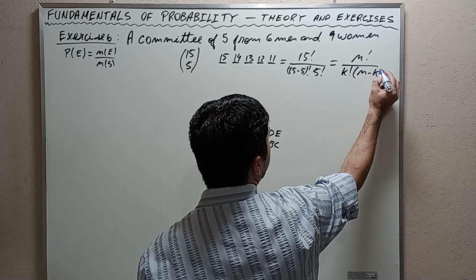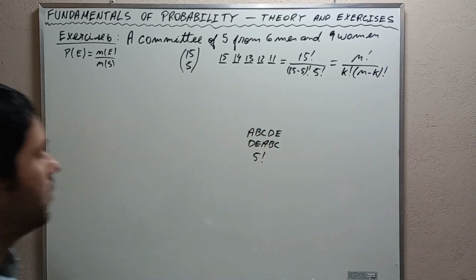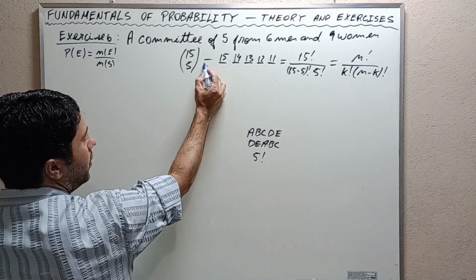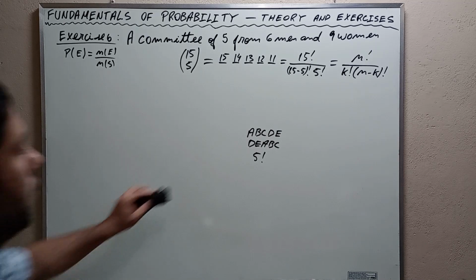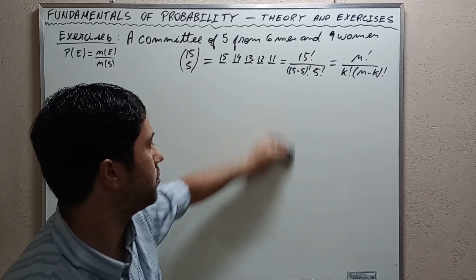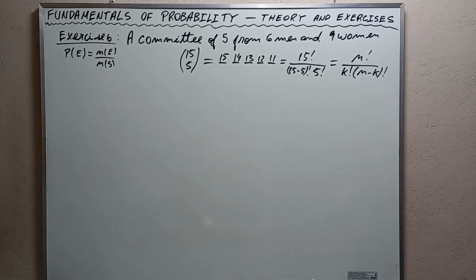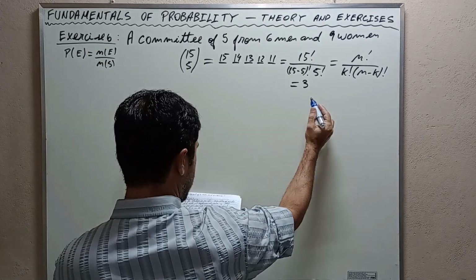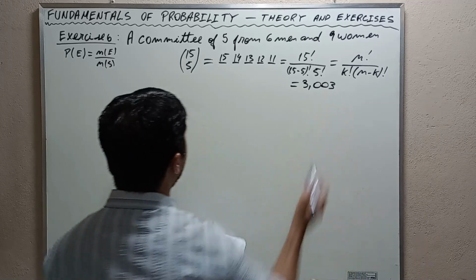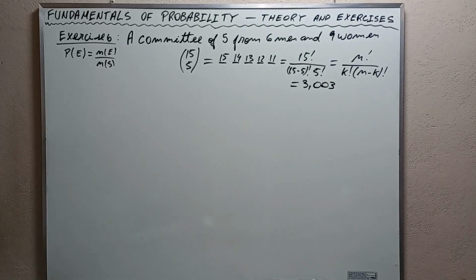So we are taking n elements, the combination of n elements taken k at a time. And this is our sample space. Our sample space is equal here to 3003. Alright, my friends?